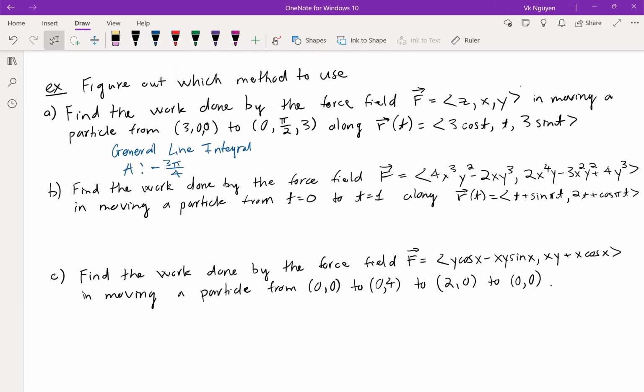Okay, the second one, conservative vector field. Do the work. The answer here is amazingly 0.